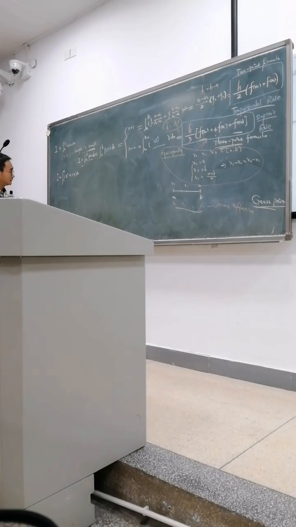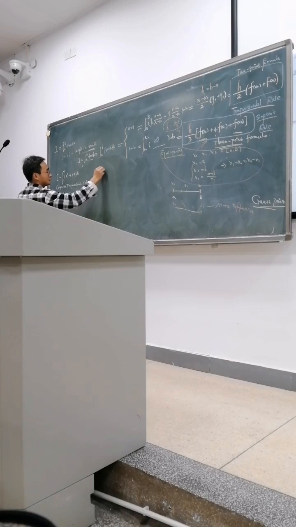If we apply the composite trapezoidal rule with 4 equal partitions, the interval is 0 to 4.